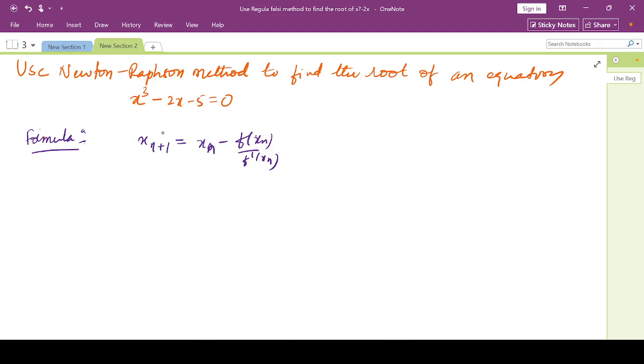In the first iteration, substitute n equal to 0 and you will get x1 equal to x0 minus f of x0 divided by f dash of x0.